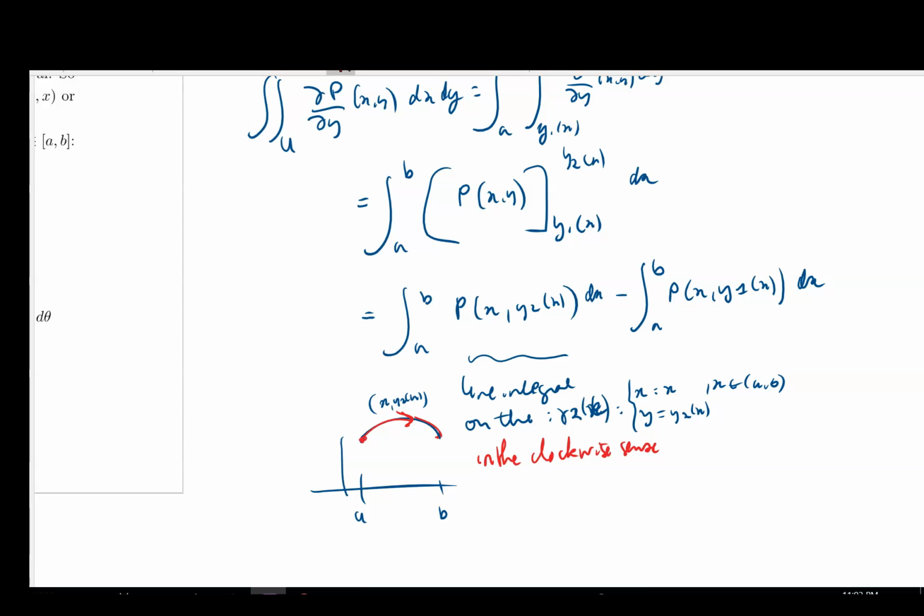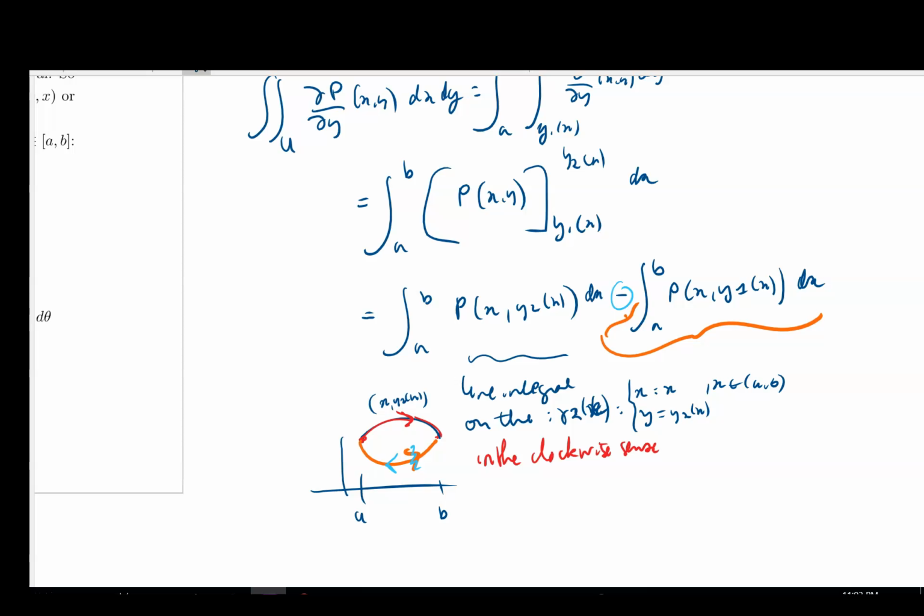Very similarly, the second one, let's not consider the minus to begin with. This is also going to be a line integral on something that is described by x, y1 of x. So obviously that's going to be this one, and I'm going from a to b. This is the one in that direction. But with a minus in front, it is not this direction, it is going to be in that direction.